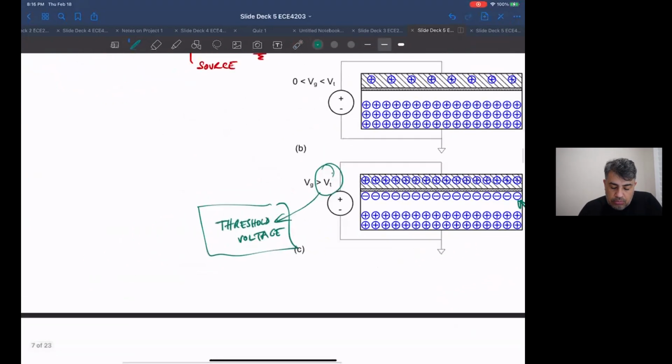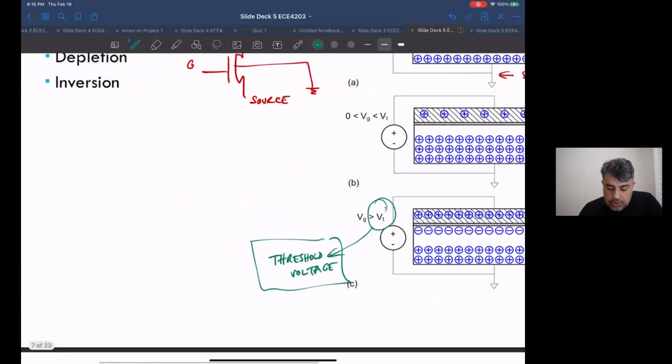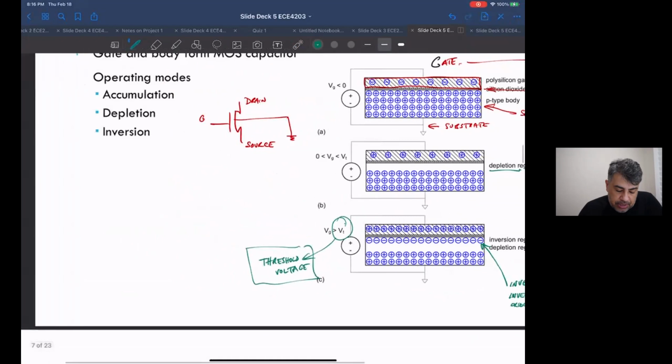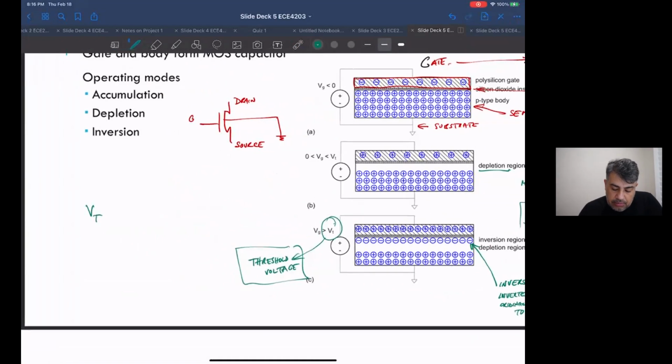Now I'll say one last thing. This V sub T gets used a lot in transistors. If you're familiar with bipolar transistors, this is not the same V sub T. This V sub T is the threshold voltage of a MOS gate. They can tune it to a whole range of values. The V sub T of a bipolar transistor at room temperature is always 25 millivolts.